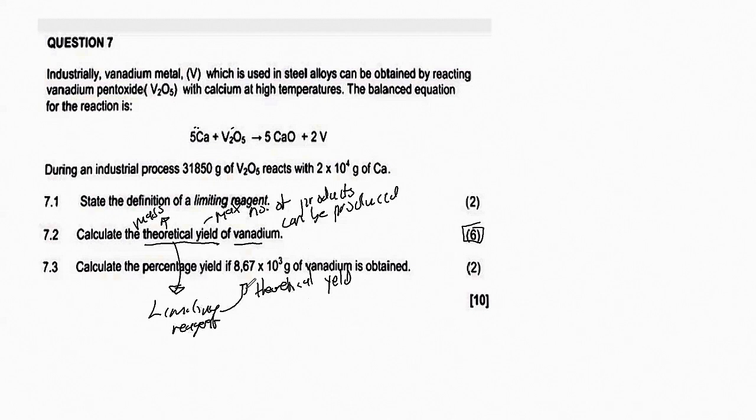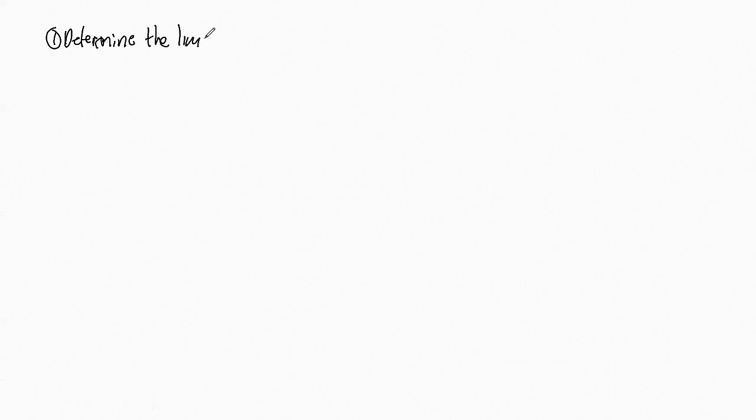So now to calculate that, let's observe this. We have all of this information, and then let's start on a new page and calculate. The first thing that we have to do here is, as we have stated, determine the limiting reagent. So step number 1.